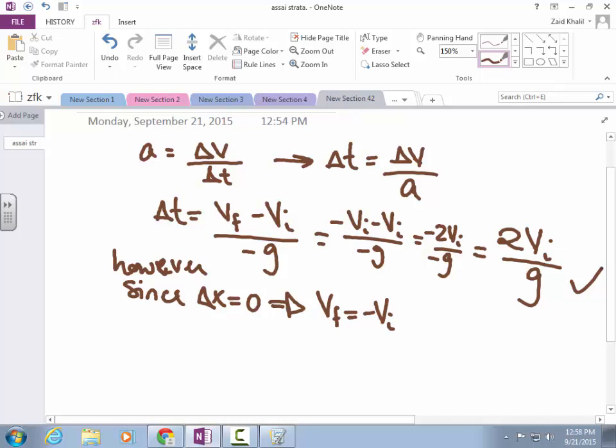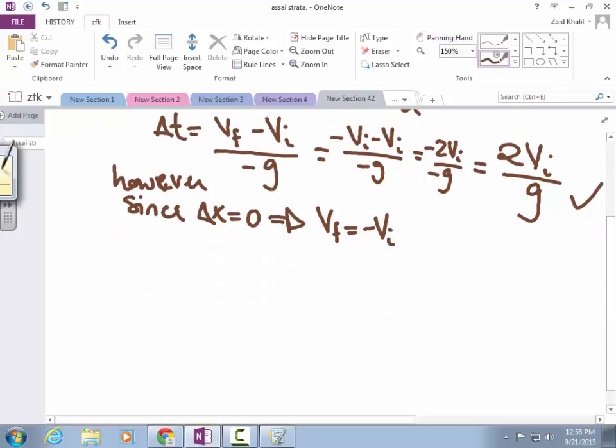And the first principle is delta x equals 0, right? Which means by the second kinematic equation, the final velocity is antisymmetric to the initial velocity. And hence, you can solve for the change in time. Another way to solve for the change in time is we can use the first kinematic equation.